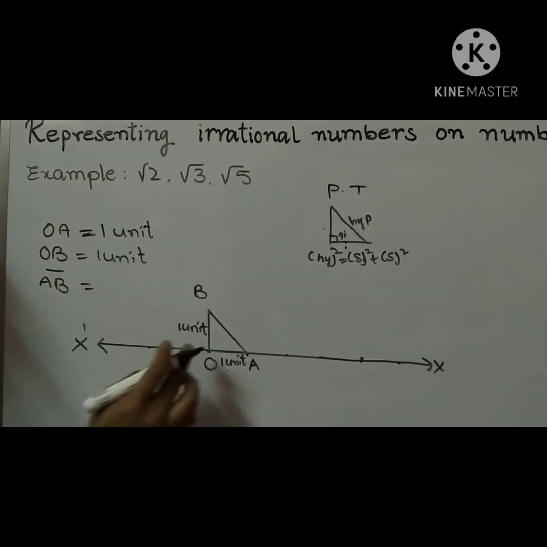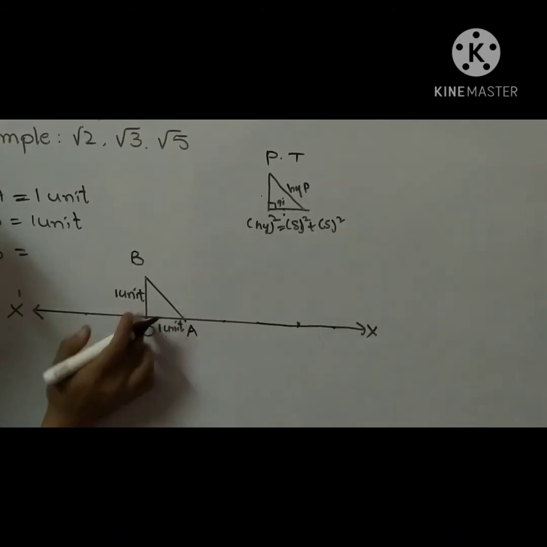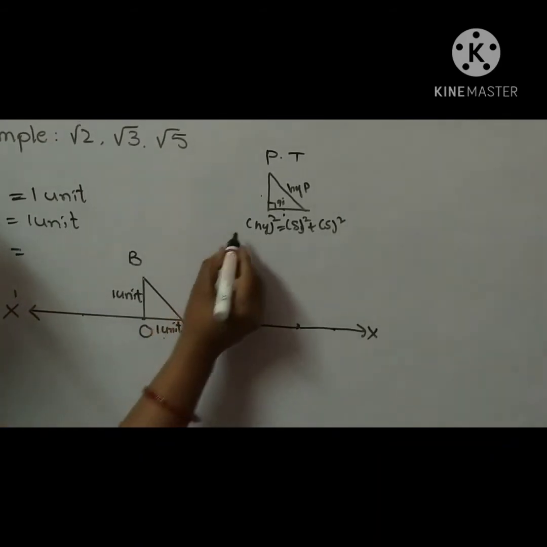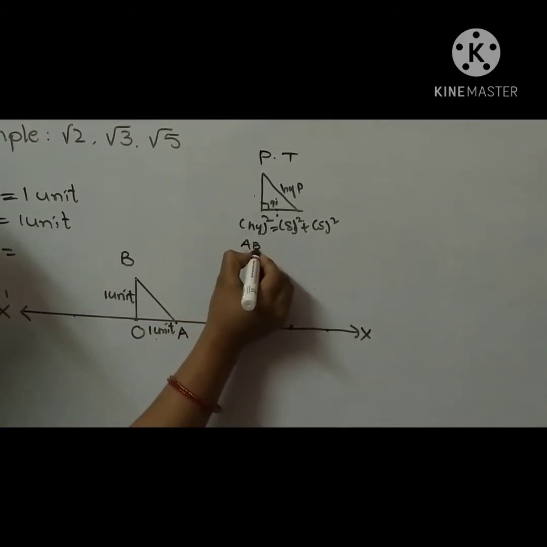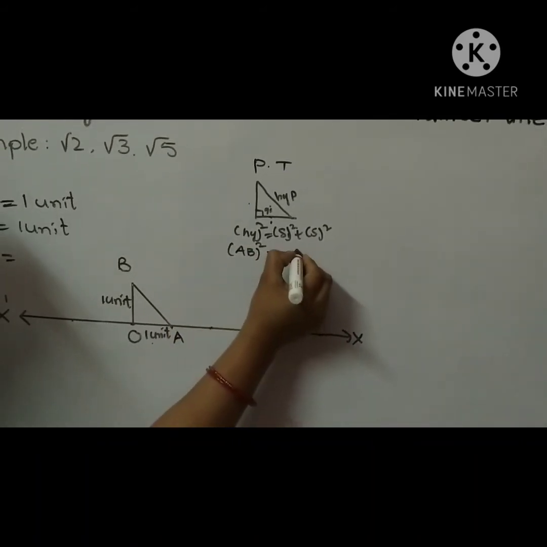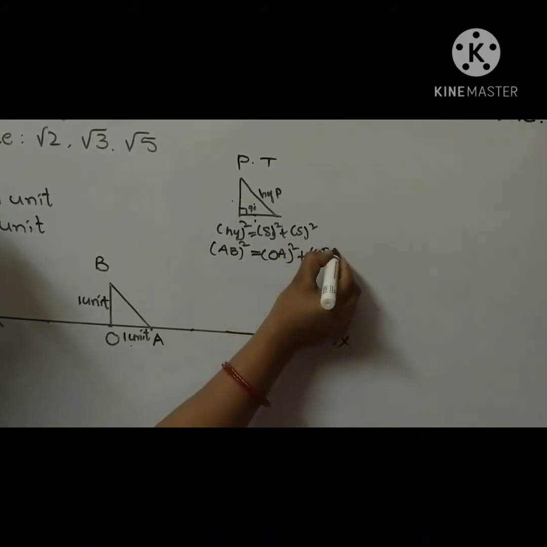What is the distance of AB? Apply the Pythagoras theorem. What is the hypotenuse in the diagram? AB is the hypotenuse. So write hypotenuse square equals side OA square plus OB square.